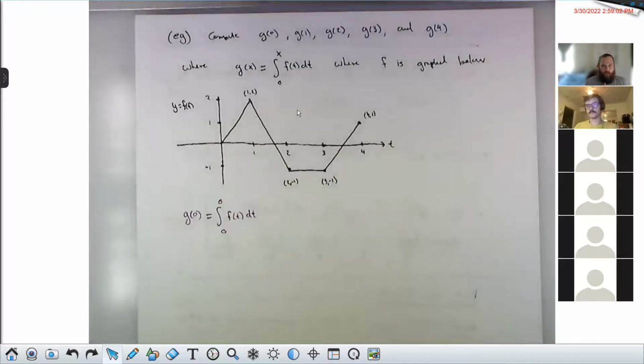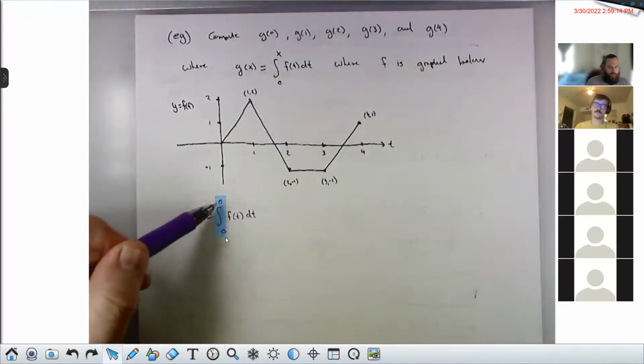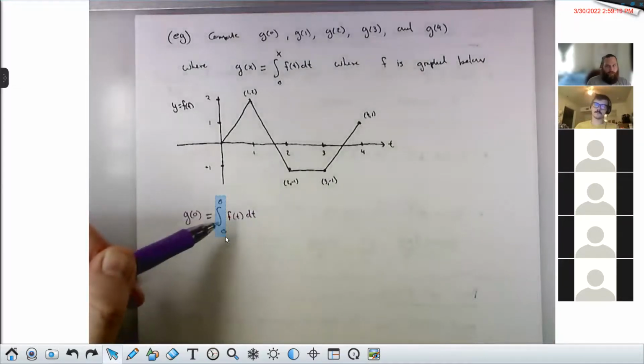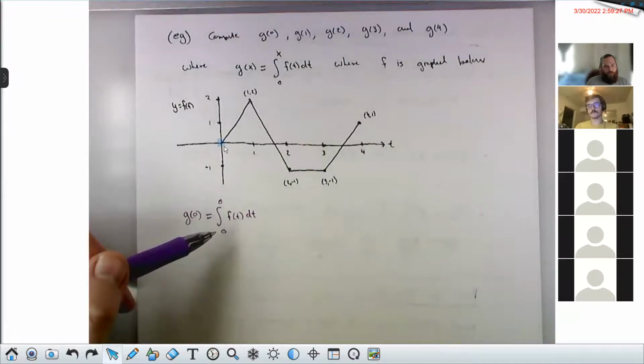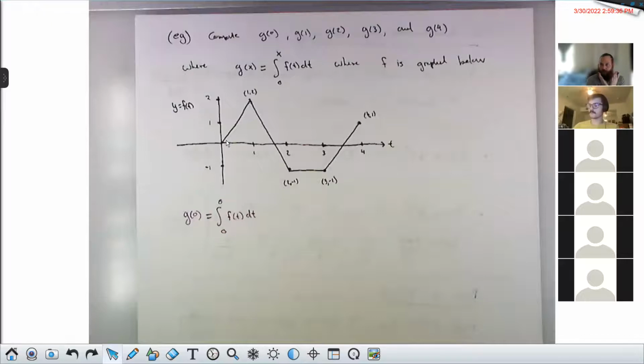One of the properties that we have for the definite integral is if you integrate any function from a to a, if the upper and lower limits of integration, sometimes called bounds of integration, are the same number, you're always going to get 0. You can see that in the context of the graph here, because I'm asking what's the area bounded by this function from t equals 0 to t equals 0. What's the area here between 0 and 0? Well, there's no area there. It's got no width to it, so it can't possibly have any area.